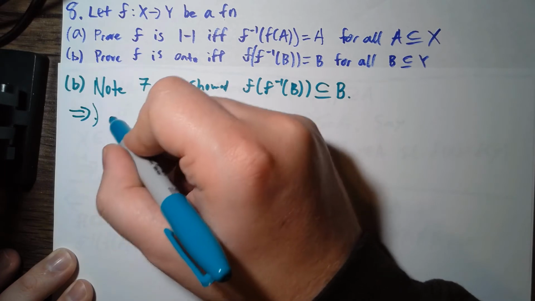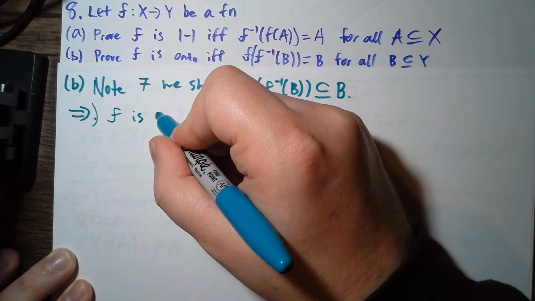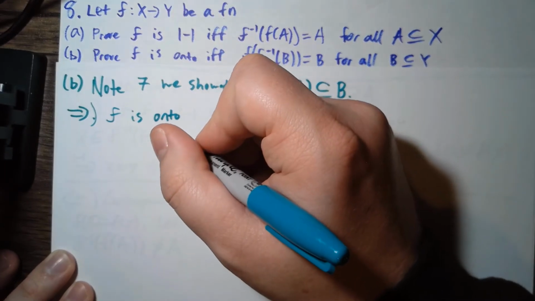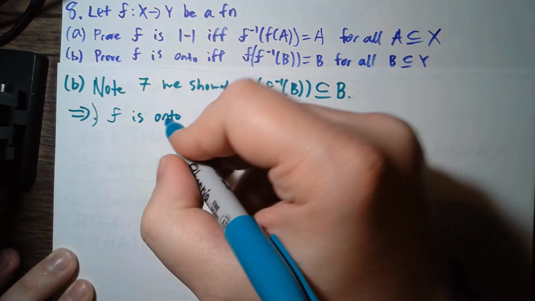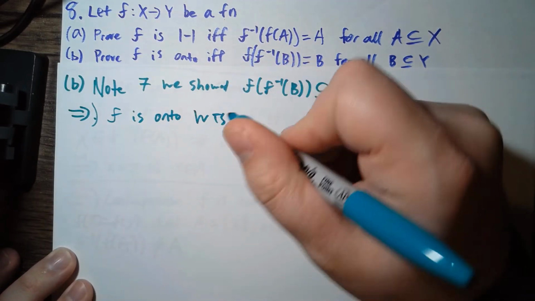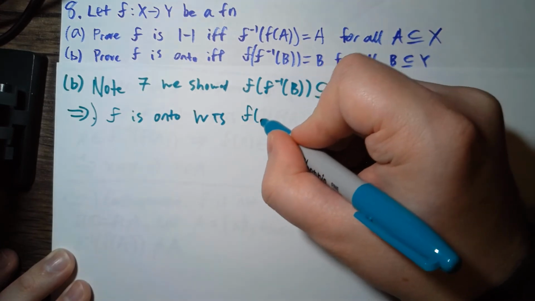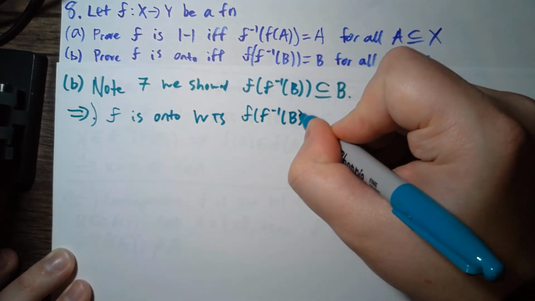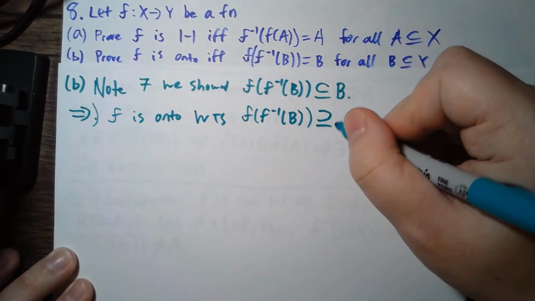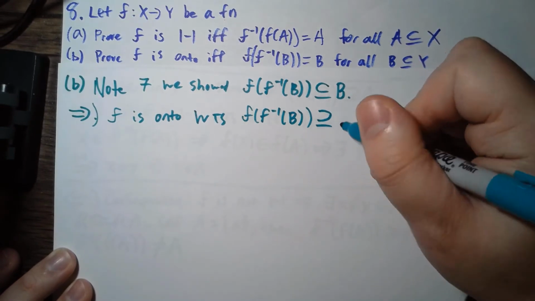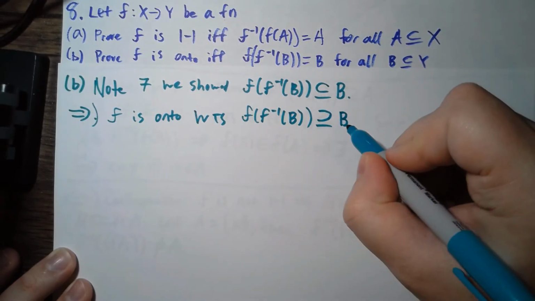So if f is onto, what does this mean? We're assuming f is onto, and we want to show that f of f inverse of B is contained in B. So we want to show this other inclusion.